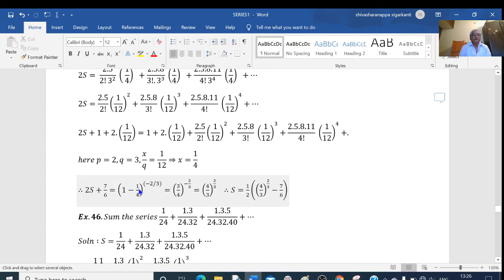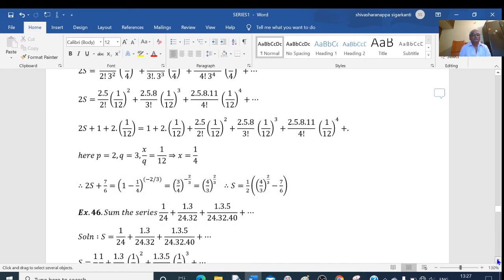This is equal to 1 minus 1 by 4 is 3 by 4 to the power of minus 2 by 3, or we write 4 by 3 to the power of plus 2 by 3. This is the value of 2s plus 7 by 6, so s is equal to 4 by 3 to the power of 2 by 3 minus 7 by 6, divided by 2. So this is the summation of the series.